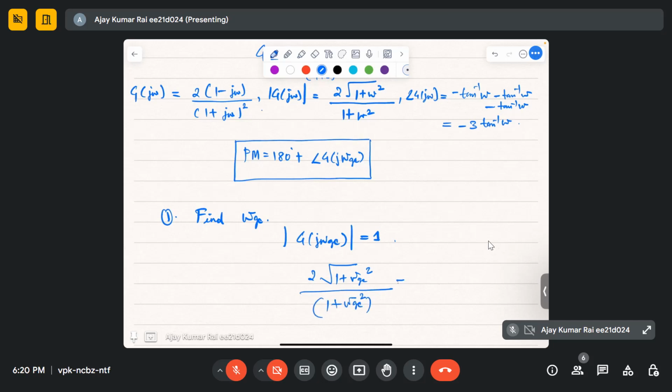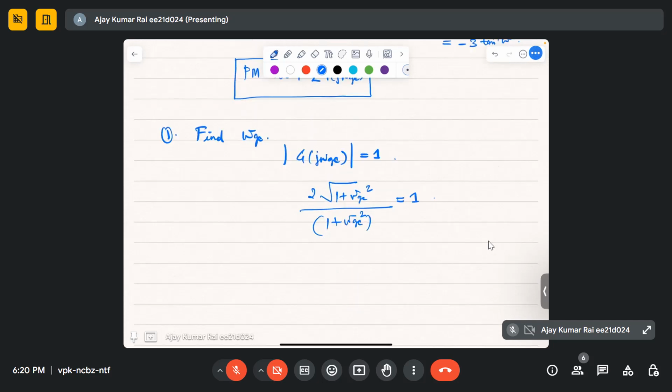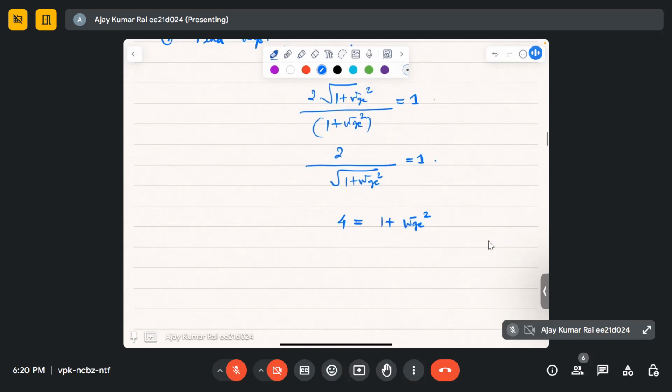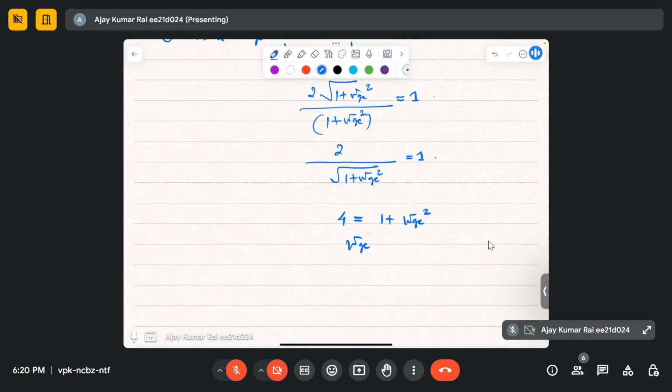Okay, so this should be equal to 1, and now we have to find out this. So what I can write is this. Squaring on both sides, we get 4 times (1 plus omega gc square) equal to... so omega gc square is equal to 3, right?